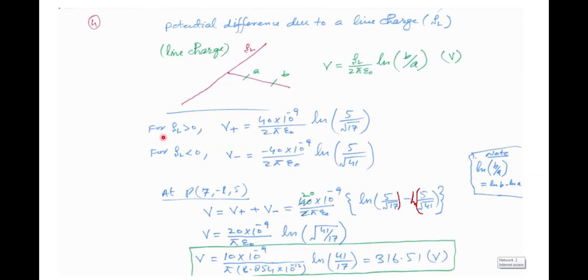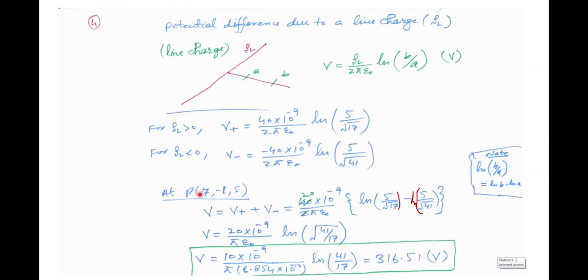Now for the positive line charge density, the potential at point P becomes equal to 40 into 10 power minus 9 divided by 2 pi epsilon naught ln 5 by square root 17. The potential due to the negative line charge density, that is the image charge, at point P becomes equal to this much.